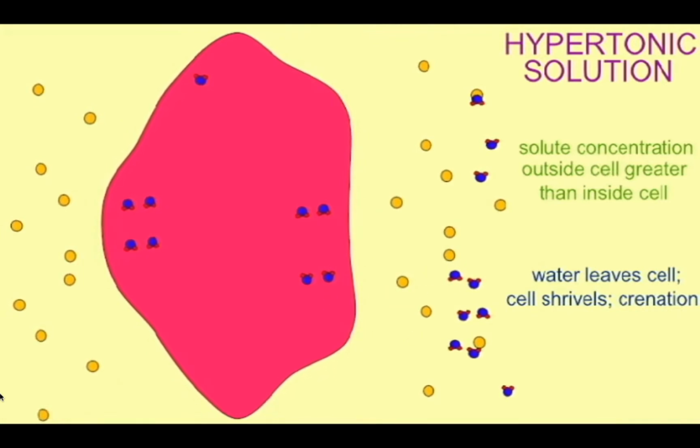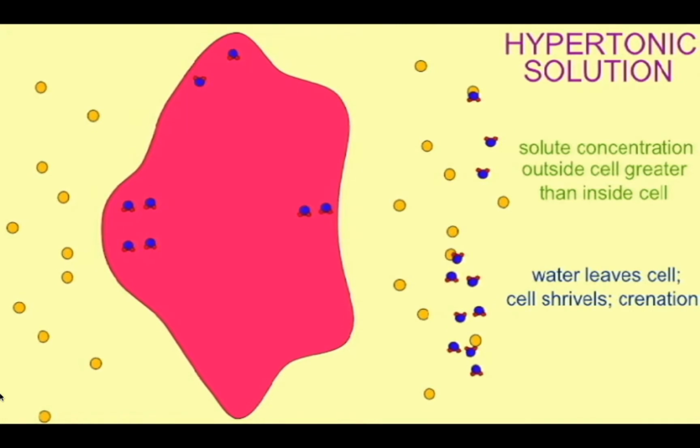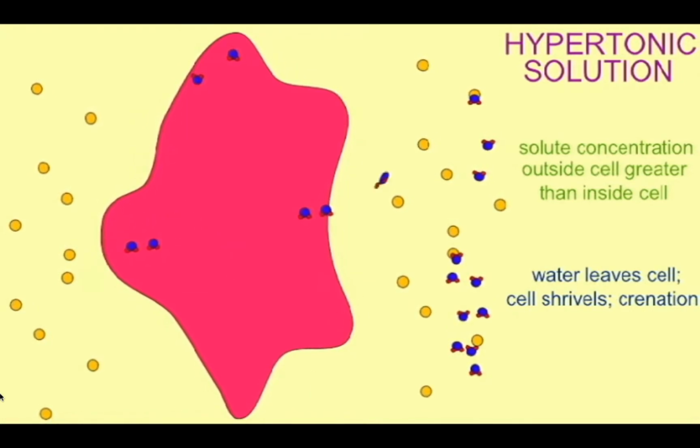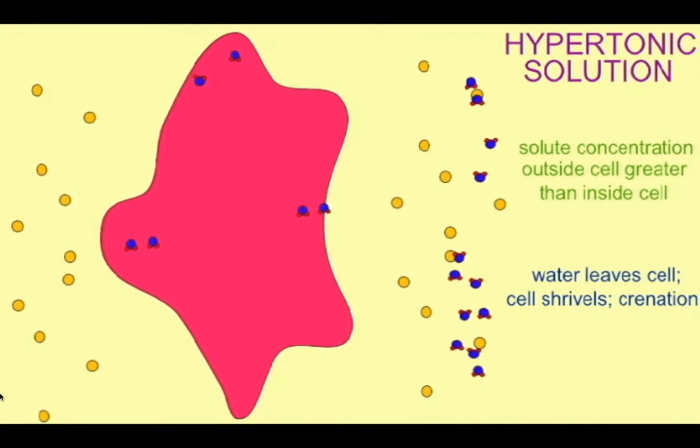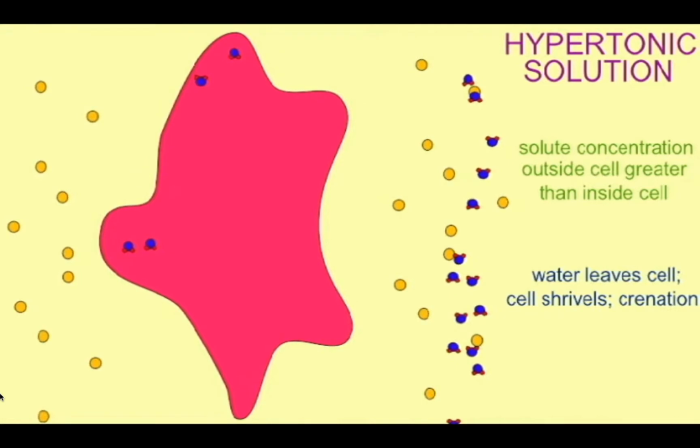This can actually be observed, because as water leaves, the cell will shrivel, a process known as crenation. And so in a hypertonic solution, cells will shrivel or undergo crenation as water leaves the cell.